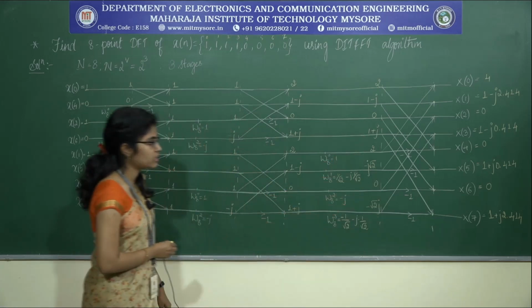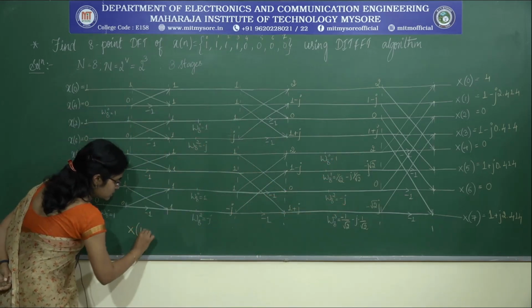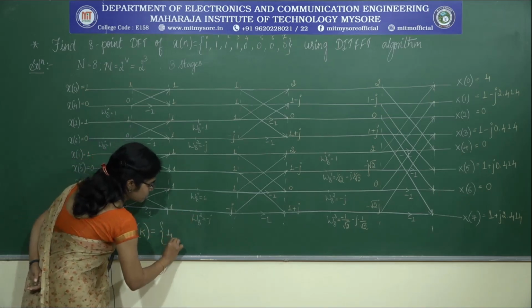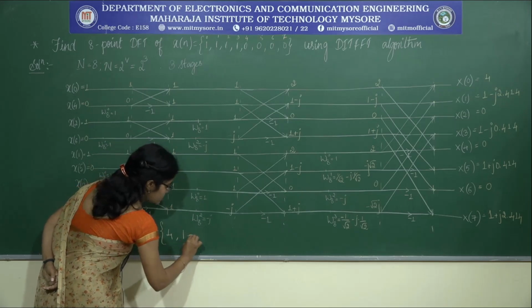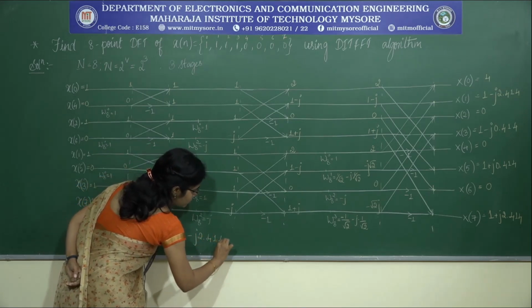So, the question was to find out the DFT. We found out that. So, let us tabulate all those things together. That is, x of k will be equal to x of 0 is 4, x of 1 is 1 minus j 2.414.